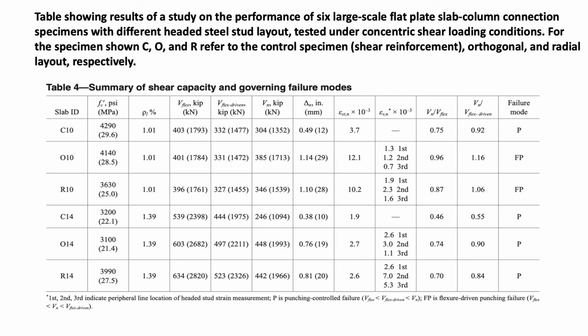The number after the letter is the reinforcement ratio. We can see from the table that for the same reinforcement ratio, the specimens with headed stud reinforcement had a much greater capacity. We also see that the difference in increased capacity between the orthogonal and radial layouts is minimal.